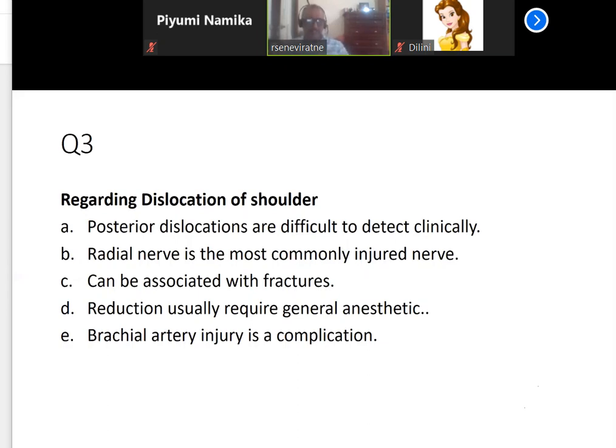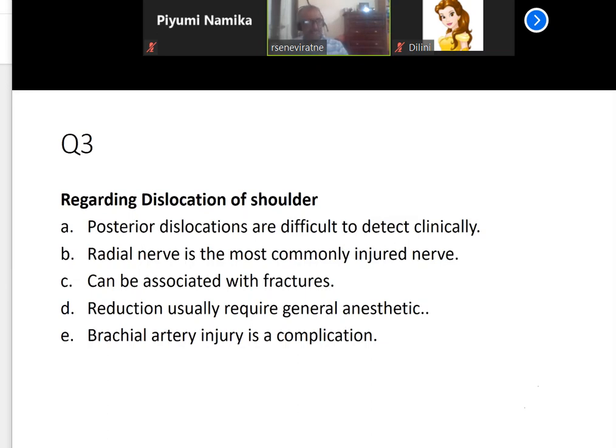Or you can make matters worse if you try to reduce a dislocation with a 4-part fracture. So it all needs internal fixation, open work. Normally on the first time dislocation, you must never reduce it without X-ray.